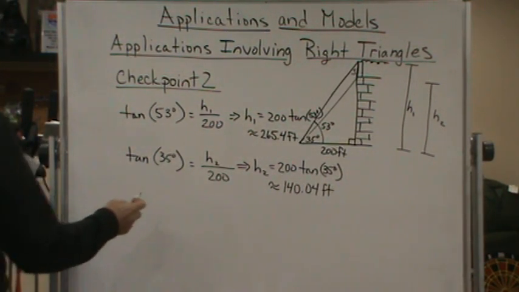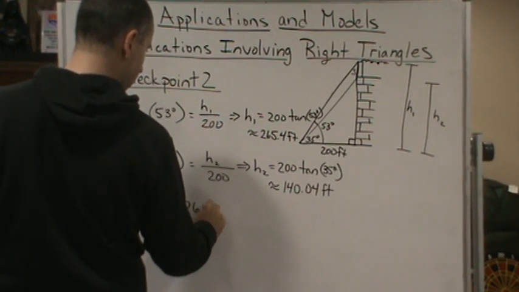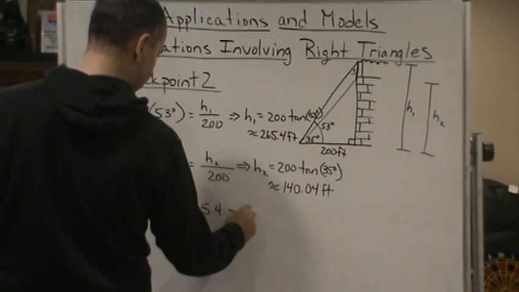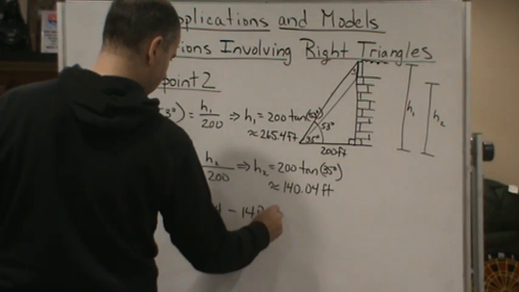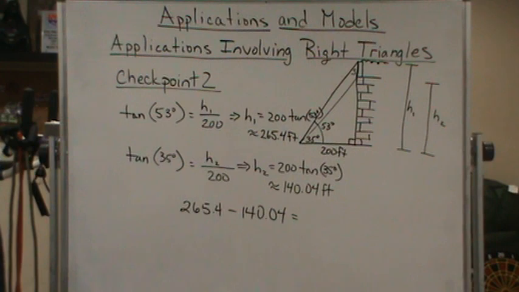Now all we have to do is subtract them. So we're going to take 265.4 minus 140.04, and what does that give us?